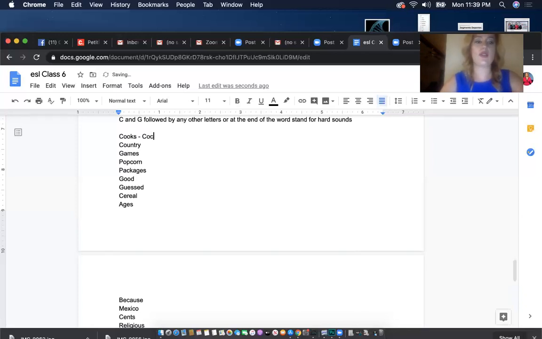Bueno, cooks, en Spanish, cocina, country, país, games, juegos, popcorn, palomitas, packages, paquetes, good, bueno, guest, adivinó, cereal, cereal.